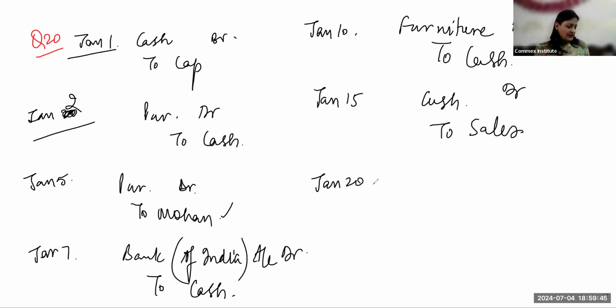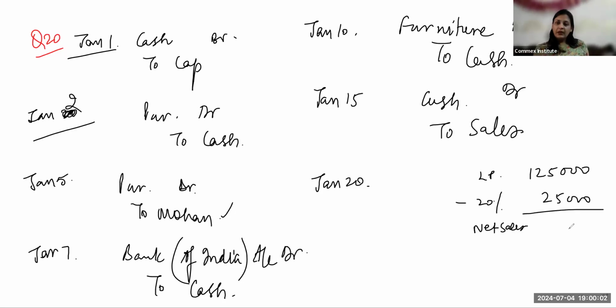Jan 20th is sold goods to Ram. List price is 1,25,000. On this, we are giving 20% trade discount, so that happens to be 25,000. So the net sales is 1 lakh. Then only 40% is paid by check.